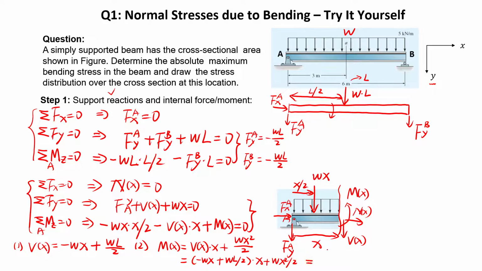Let's further simplify this. We can cancel half of this, so that becomes minus half wx squared, because there's a minus sign here, plus half of wx times L. So you can take out the common term, half wx, which becomes L minus x.